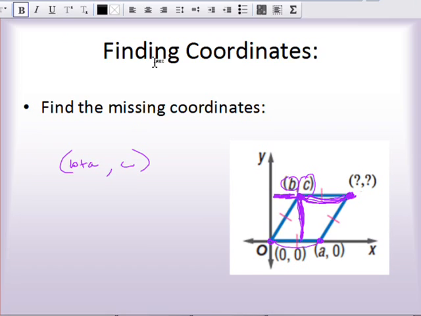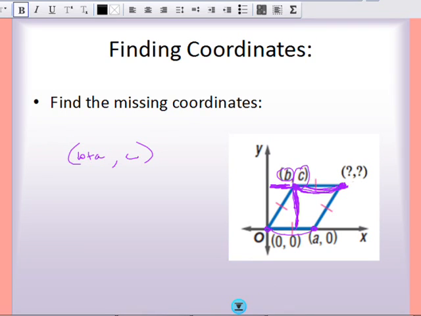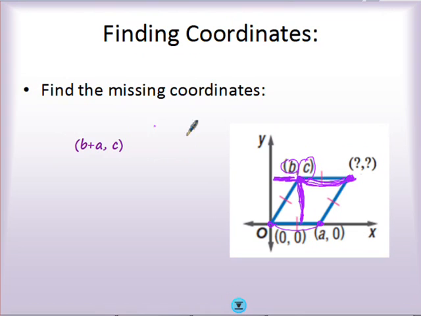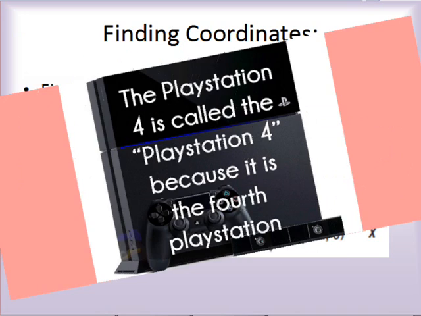We're looking for actual coordinates that have variables instead of numbers. I know for some of you that's going to seem complicated, but I think the more of these you practice, you see that, as long as you can apply what you know about parallelograms, you can find the missing parts pretty easily.